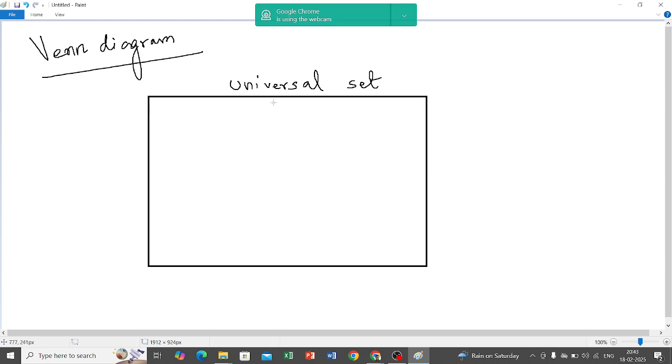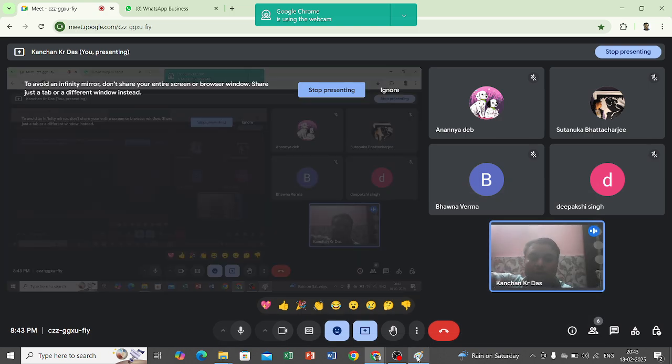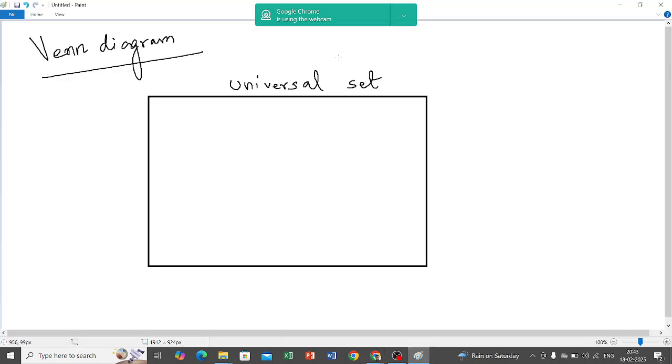Okay. So this is the universal set. Universal set means what? This is the whole thing. As you know, percentage means per 100. So the whole thing is taken as 100%, right? So this is the 100% part. This is the universal set, this is the 100% part.